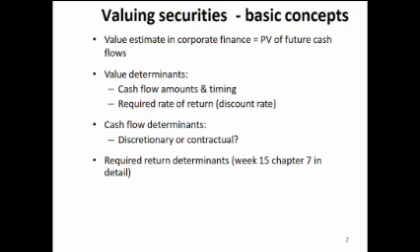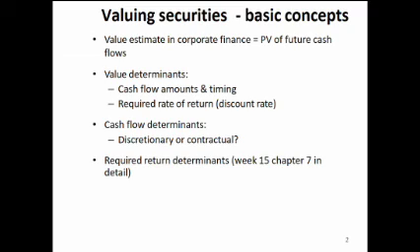From that, we can see that the things that are going to have an impact on the value will be the cash flow amounts and when these cash flows will occur. And then depending on when these cash flows occur, we will need to discount them by using an appropriate discount rate. The discount rate will depend on the underlying risk of the security.